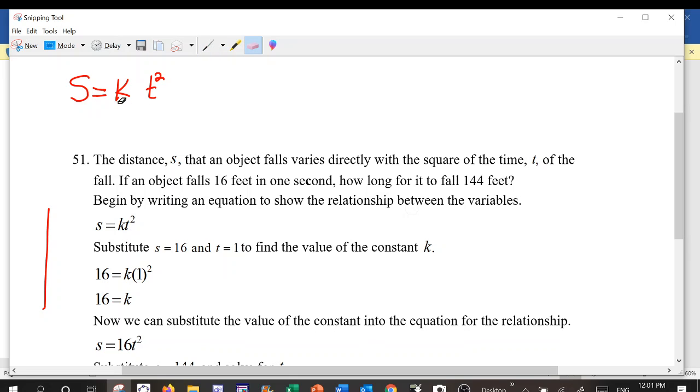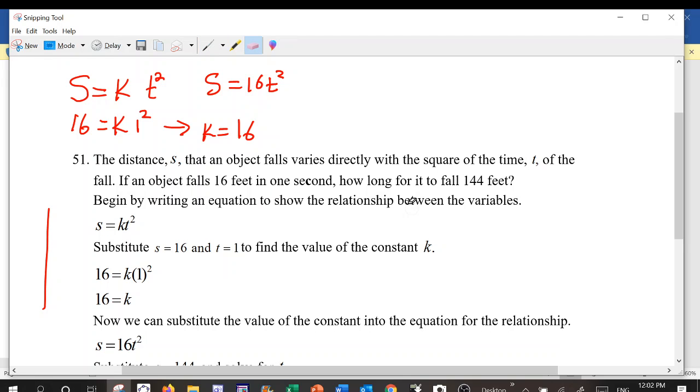And we can find this constant, and we have a formula for something falling in the presence of gravity only. So if an object falls 16 feet in 1 second, that means s is 16 in 1 second, well, that makes k equal to 16. So the formula is s equals 16t squared.